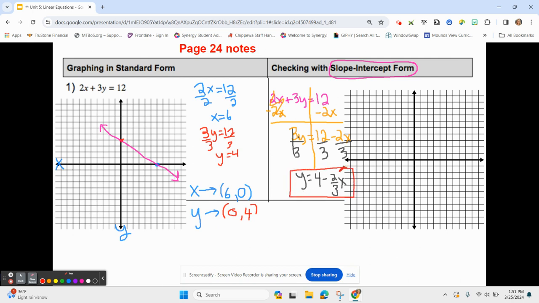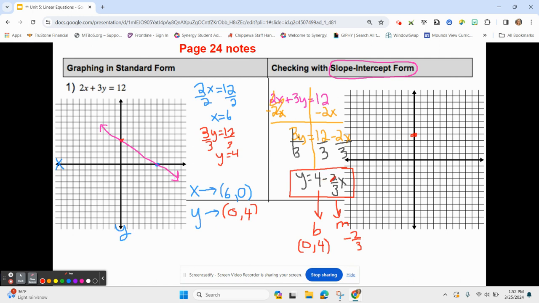By getting my y alone, I can identify the b, which is my y-intercept at (0, 4). Let's go over and find our y-intercept at 1, 2, 3, 4. So here it is. And my slope right here, the measure of my slope m, is negative 2/3.